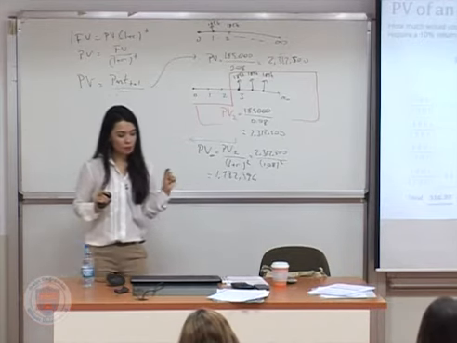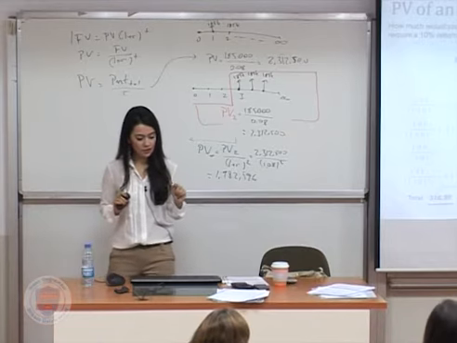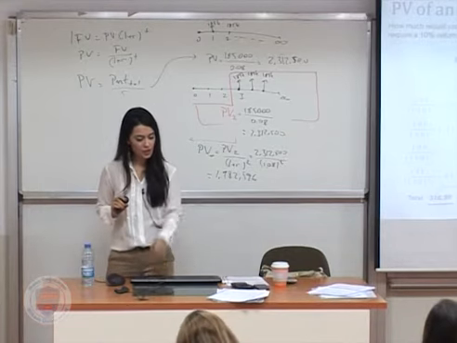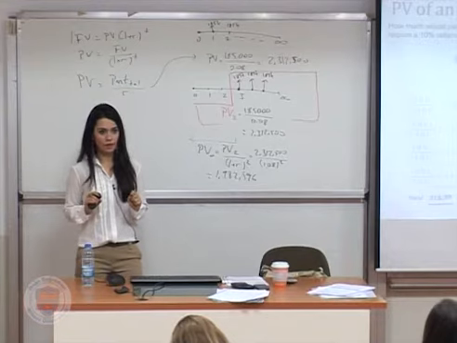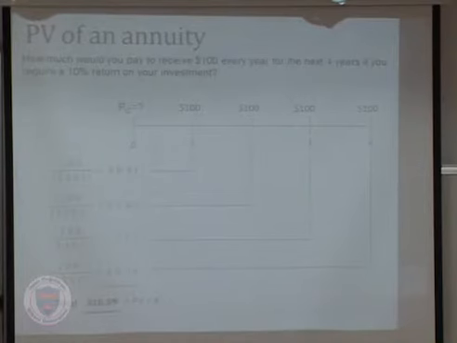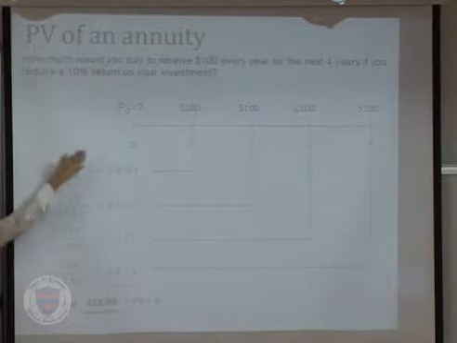So it says, how much would you pay to receive $100 every year for the next 4 years if you require a 10% return on your investment? So basically, starting from time 1, you're going to get constant payments of $100 for 4 years. So this is like a multiple cash flow example, right? There is nothing complex here. Every year you have $100.